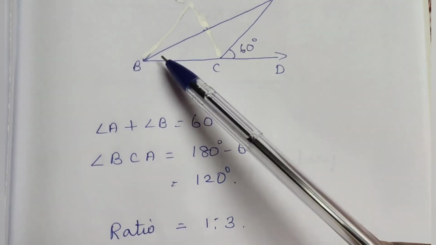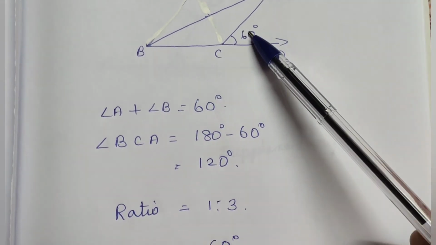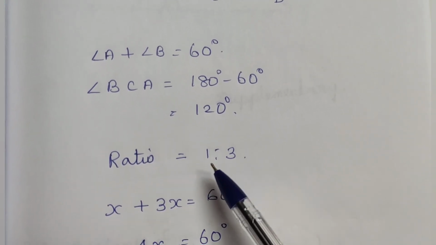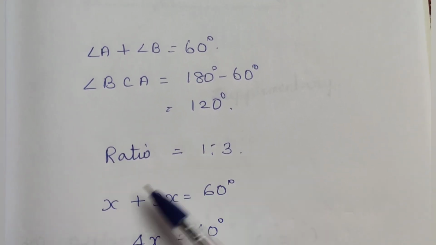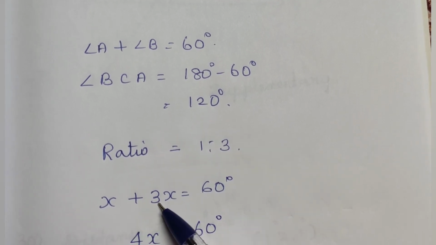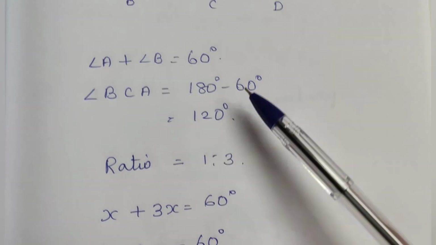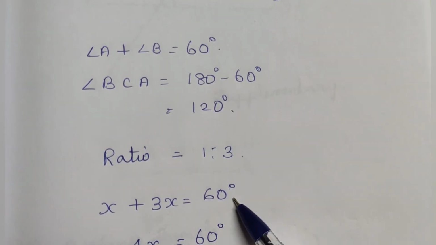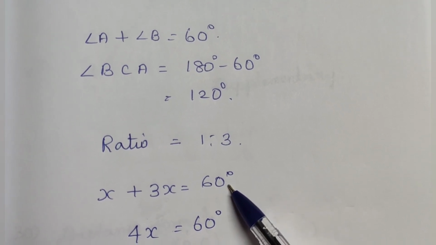And these two angles are equal to 60 degrees, and they have given the ratio of A to B as 1:3. So 1, I take it as 1 times x, which is x, and 3, I take it as 3 times x, 3x. When you add x plus 3x, we get the 60 degree exterior angle.